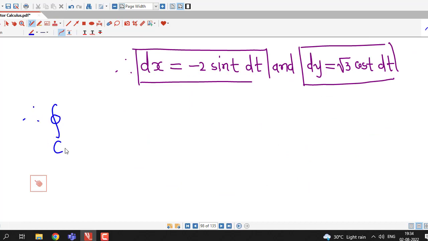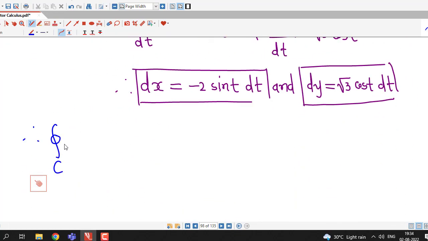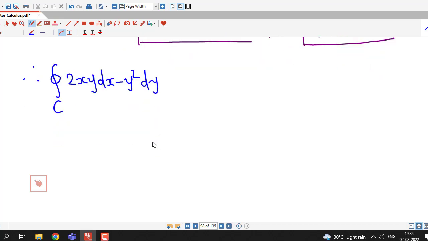Our line integral is the integral of 2xy dx minus y square dy. This we are writing as integral from 0 to 2π. Limits of integration for variable t are from 0 to 2π.